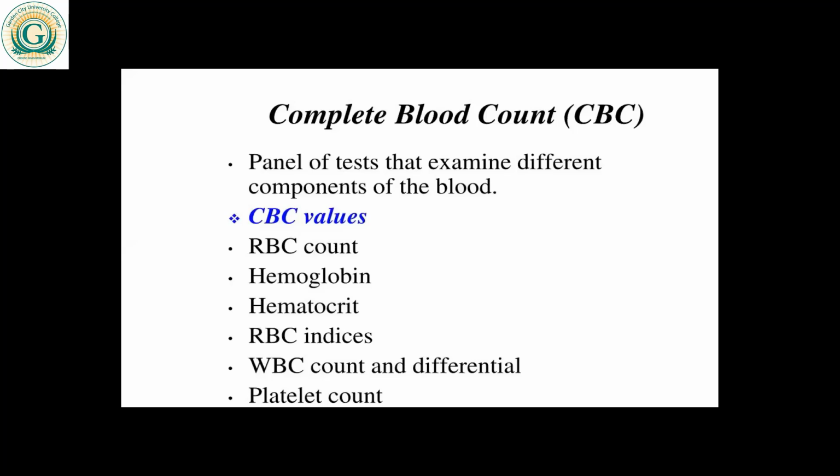So the differentials are the different types of white blood cells we have, and their counts, and their percentages. Platelet count, we are looking at the number of platelets. We are also looking at the normal volume of platelets, the mean concentration of platelets, and so on. So all these help in making sure that indeed your blood is in a normal state, whether it's volume of these components and all that.